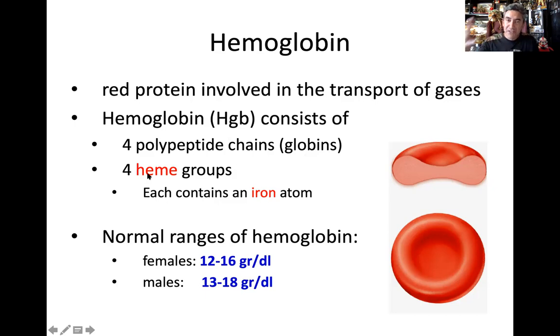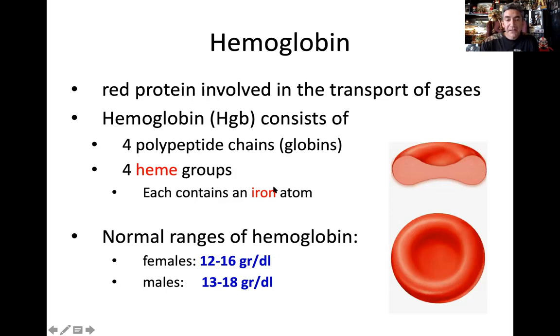So 4 protein chains, each with a heme, for a total of 4 hemes. In the center of each heme, we have an iron. I think you've heard that you need iron for normal blood functionality. Well, this is the role iron plays within the hemoglobin itself. Again, there are your ranges of hemoglobin, females and males.